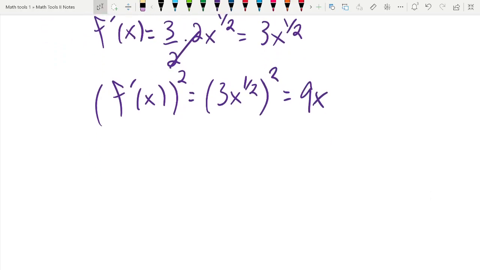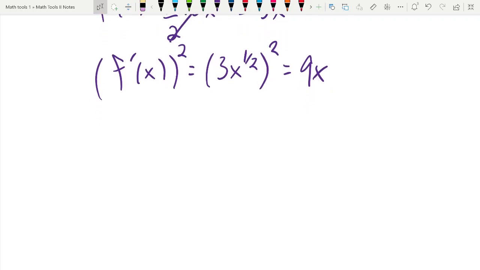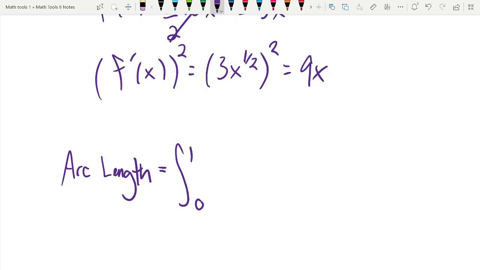Okay, so that makes it a little bit easier to deal with. So the arc length then is going to be the integral from 0 to 1 of the square root of 1 plus 9x dx.